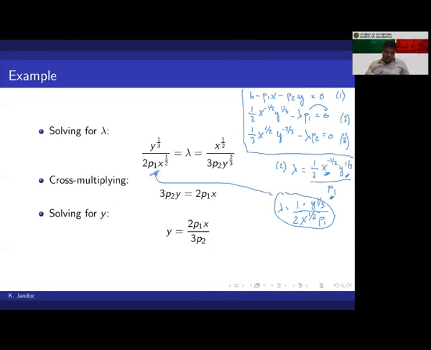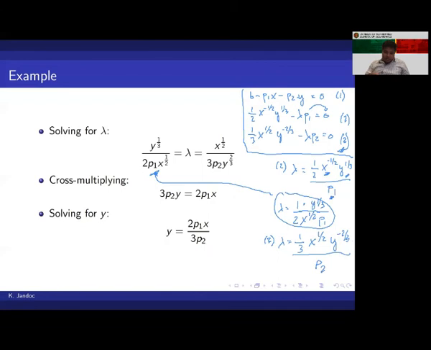Now using equation 3, we have that lambda is equal to 1/3 x^(1/2) y^(negative 2/3) divided by p2.